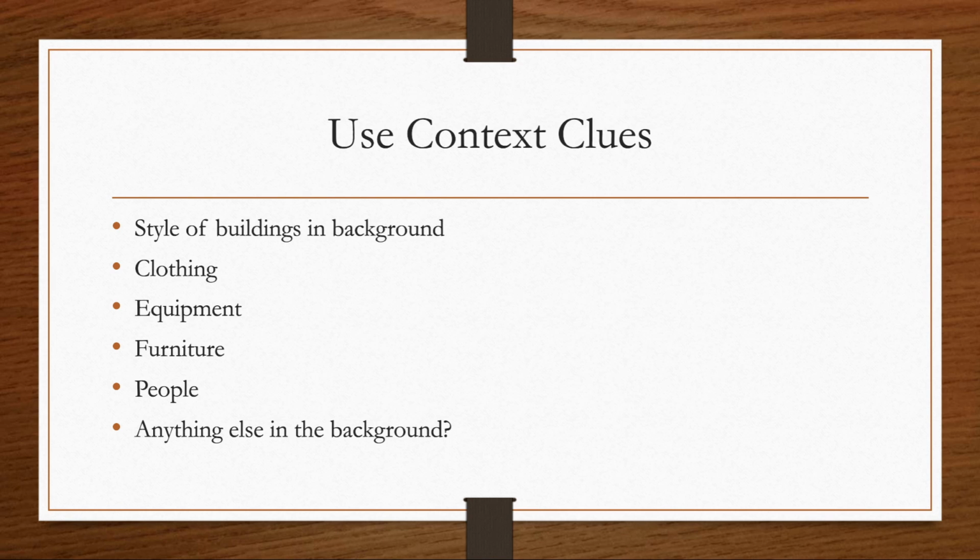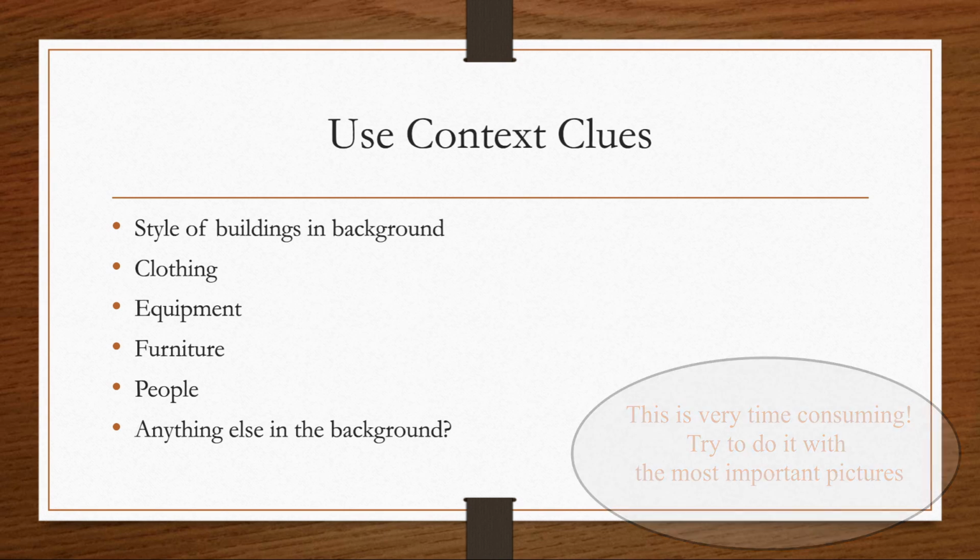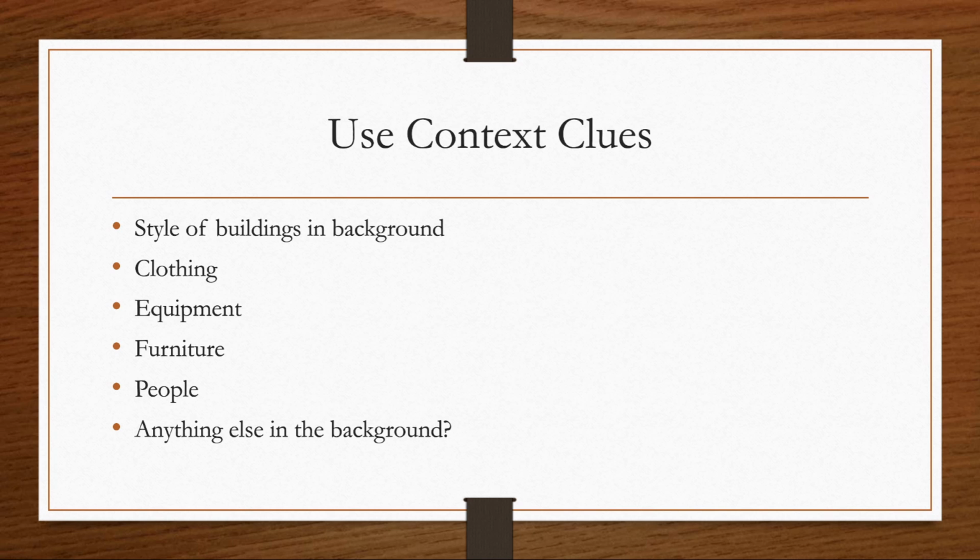So look at the clothing, and do some research on styles. Now again, this is very in-depth, so it might be too time consuming to do with all the photographs, but if there's a few key ones in your collection you want to try and identify, these are some good tips. Maybe there's different equipment, like someone holding a cell phone or looking at a computer, that can help narrow it down.